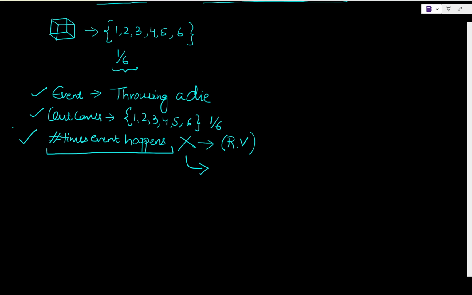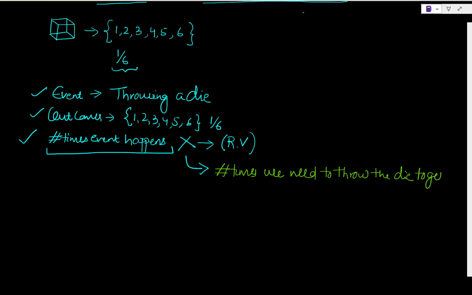Let me just write it again, just for clarity's sake. So random variable x will represent number of times we need to throw the die, which is, in other words, the number of times the event of throwing the die happens, but the condition is to get a 6.